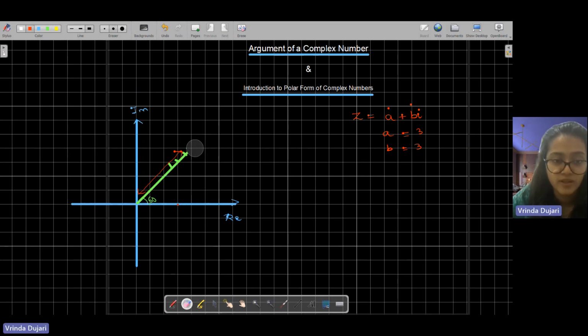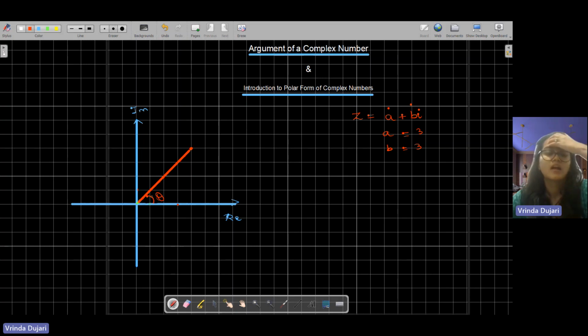So let's just do this. Let's say that this is my complex number and it is making an angle of theta with the origin. Oh, not 60. I meant to write theta.